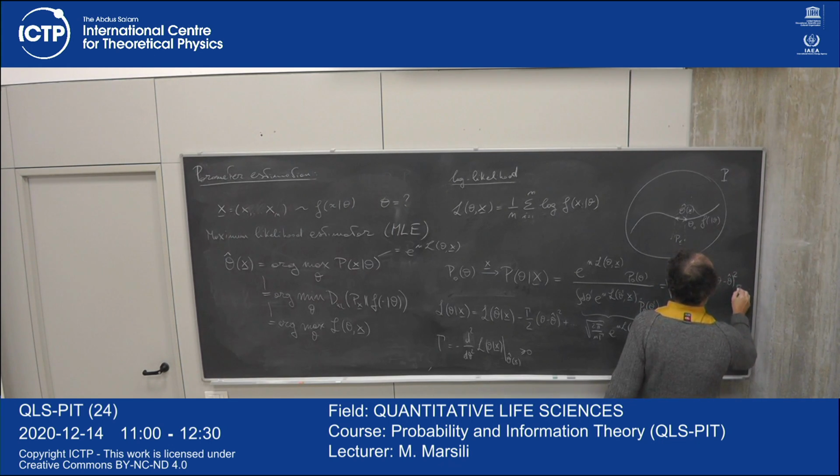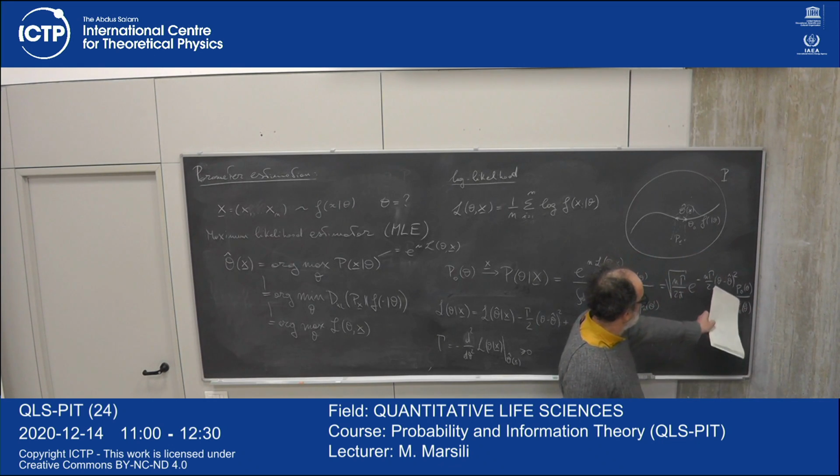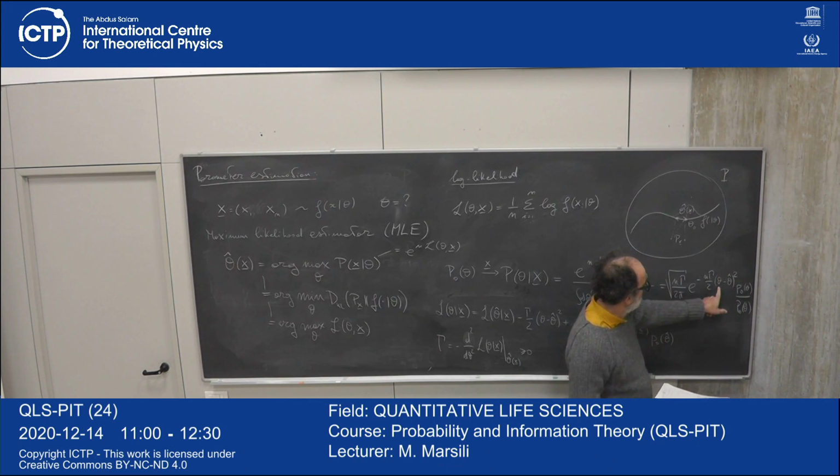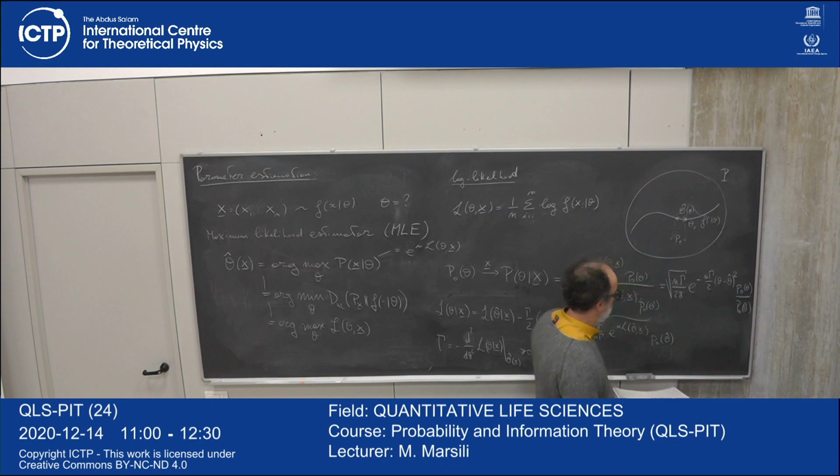And then there is the p0 of theta divided by p0 of theta hat. But to leading order, in the region around theta hat where this exponent is not very large and negative, this is essentially equal to 1. Okay.